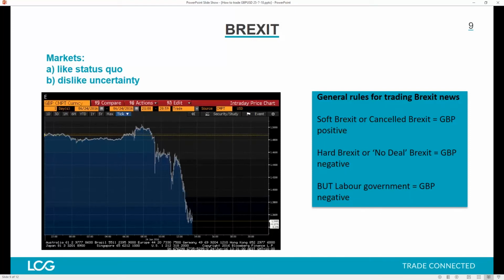Switching gears back to Brexit, I'm keeping it super simple here. A soft Brexit, meaning a very close relationship to the EU, or just an outright canceled Brexit if everyone gives up on the idea, is very much pound positive.